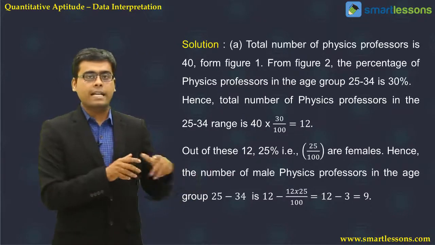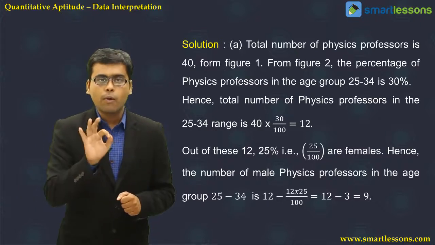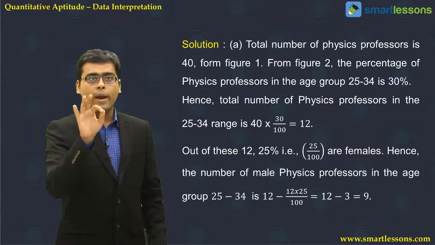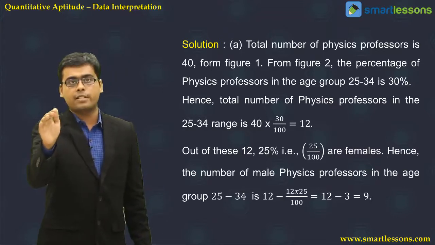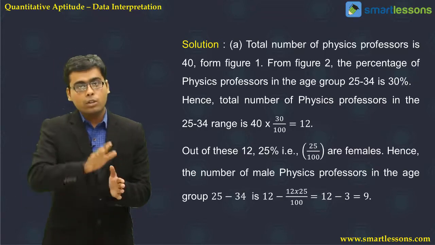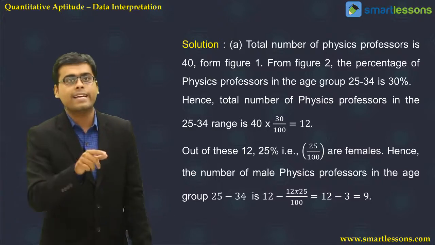So already we have seen that the total number of physics professors is 40. Now the number of female physics professors in the age group 25 to 34 equals 25% of all the physics professors in that age group.